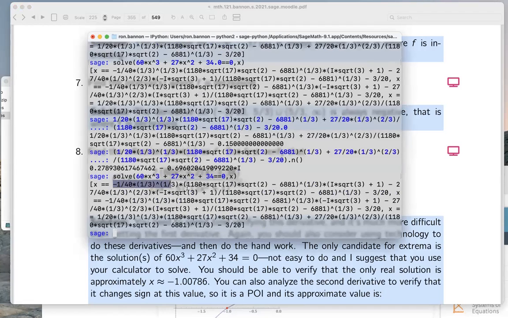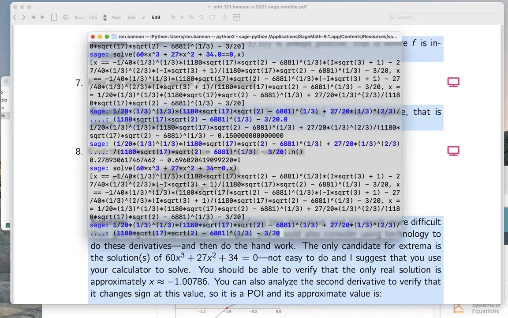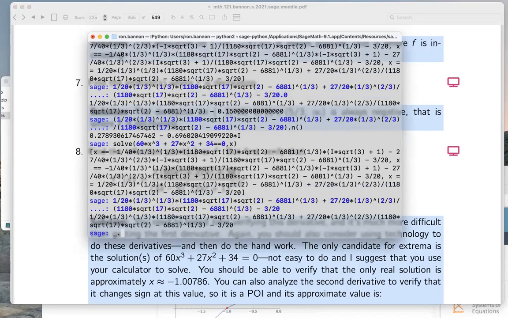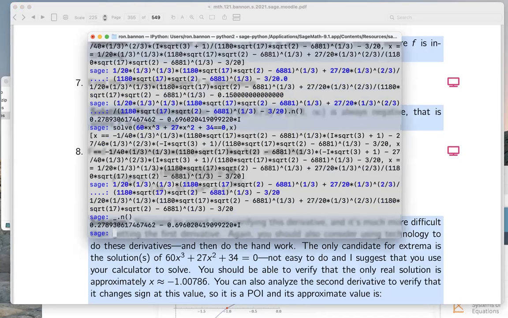X equals... I'm dizzy looking at this already. For some reason, I can't copy what I want to copy there and get it to work. I don't know why that's not working on Sage. I've got to look at it more carefully.